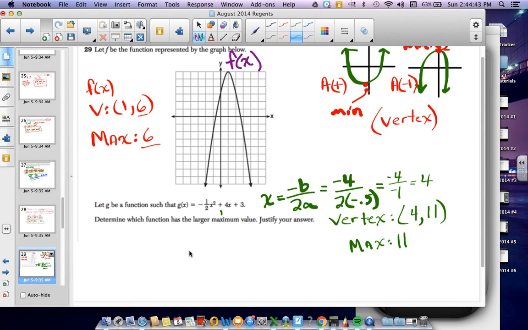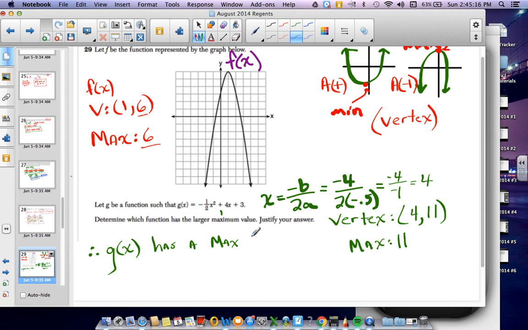So now that we know both maximum values, which one has the larger max? We can say g of x, not the graph, but the equation we were given. And the reason being, you could write it out in words: g of x has a max of 11, comparing it to f of x. Just as long as, when they say justify, even if you just have your work there, that's enough justification.